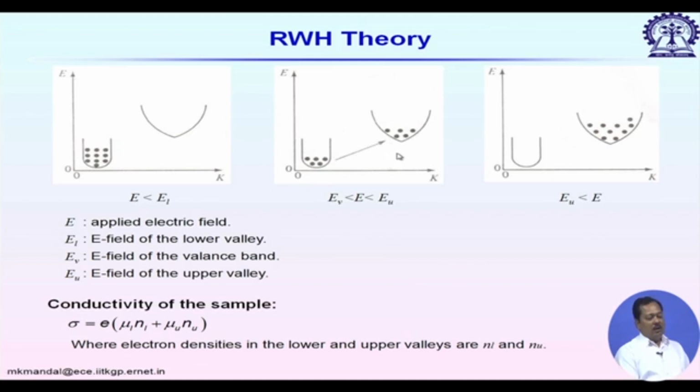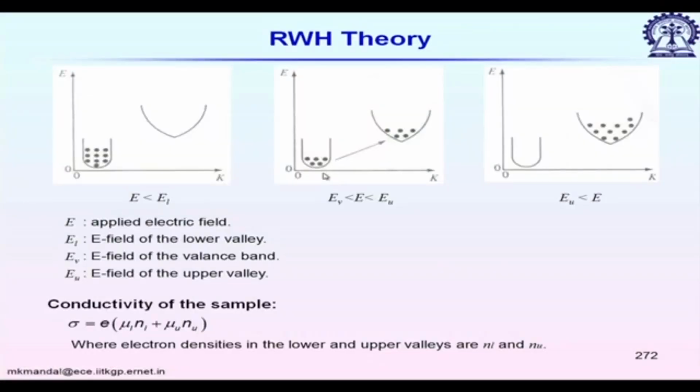One interesting thing is that if I compare the effective masses at these two valleys, the lower valley is associated with lower effective mass, and the higher valley is associated with higher effective mass.